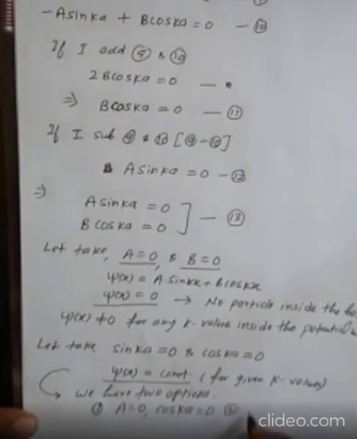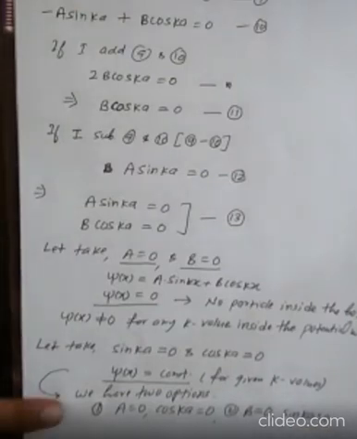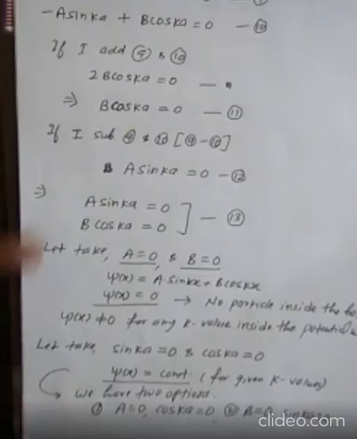Then second is b equal 0 and sin ka equal 0. So if I consider these cases, then both conditions will be satisfied here. This is equation 13.